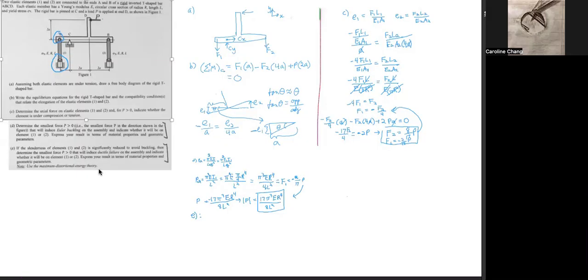We can thus consider whether the failure will occur on element one or two. This is from looking at which one is the limiting factor.